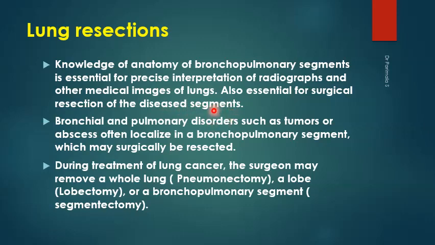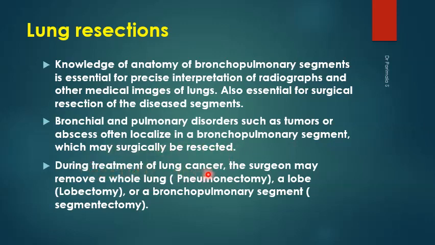Now, when you have localized that one particular bronchopulmonary segment is affected, that can be resected without disturbing the other segments. So that's how this knowledge helps us. Any bronchial and pulmonary disorders such as tumors or abscess often localize in a bronchopulmonary segment, which may be surgically resected.